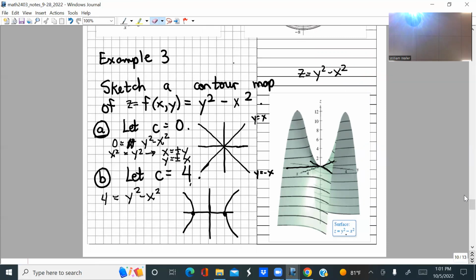Let's think of ourselves right here. If you are moving toward the origin on this surface, along the direction of the x-axis, how are you traveling? Are you going up or are you going down?